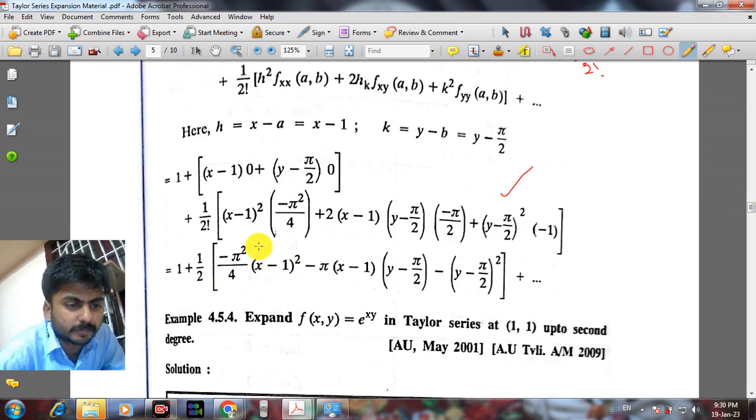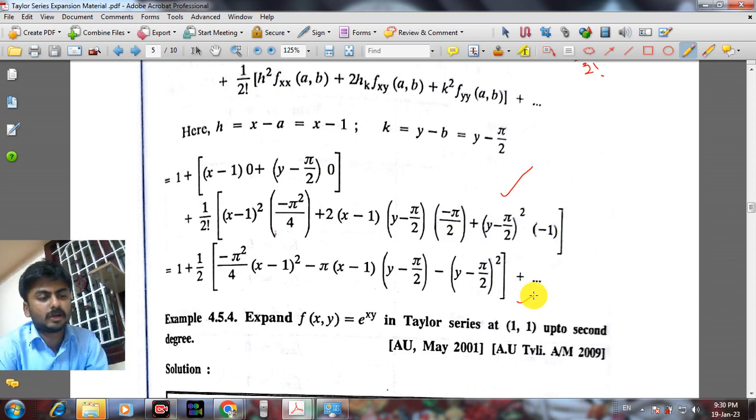This is nothing but f(a, b) plus h fx a comma b plus k fy a comma b, plus the second degree terms: h square fxx a comma b plus 2hk fxy a comma b plus k square fyy a comma b. Substituting the values you get this. You have to keep the formula very clearly in mind.